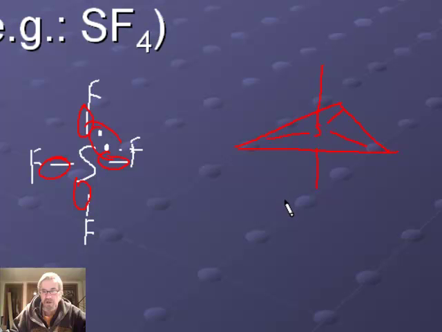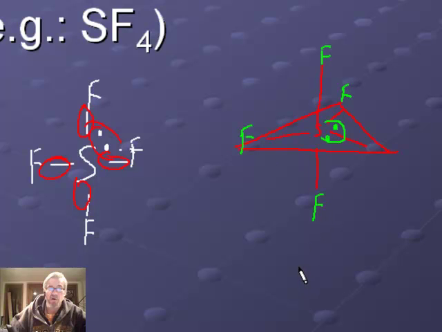And since the bond angles in the equator are 120 degrees apart from each other, and the bond angles in the axis are only 90 degrees away from three bonds, there's more room in the equator. And so that's where that electron pair is going to go. So with my electron pair taking up one of these equatorial spots, my fluorines are going to go in the remaining corners and on the bottom.